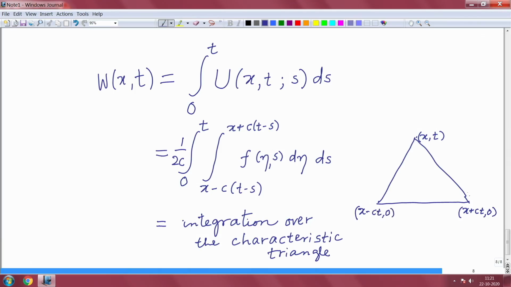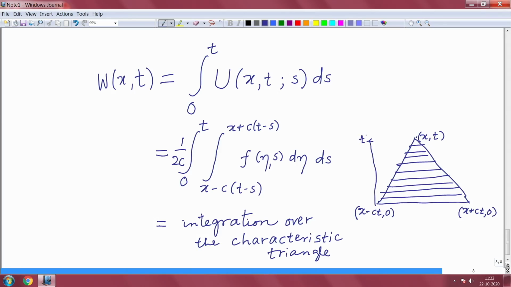So, these two sides of the triangle are characteristics, okay, and this integral is nothing but, first you are integrating along the horizontal lines, that is integration with respect to eta, and then you are integrating from 0 to t. So, that is this integral, the integral over this characteristic triangle.